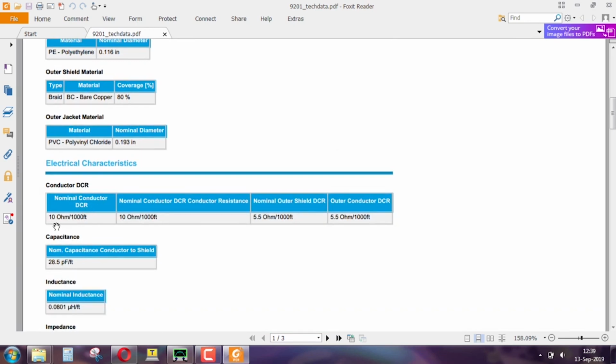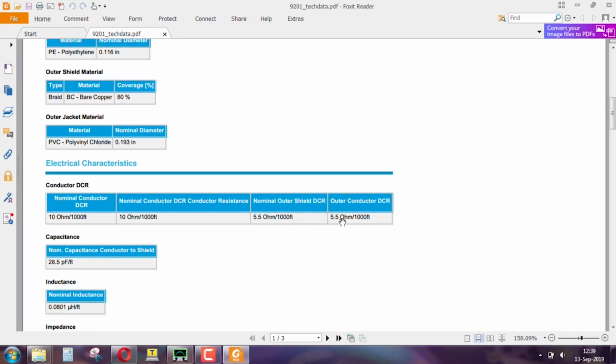So, this is 10 ohms per 1000 feet. Again you notice that everything is coming in distributed units. 10 ohms per 1000 feet, this is the typical resistance per unit length that you will be having in these cables, or for the outer shield it is 5.5 ohms per 1000 feet.